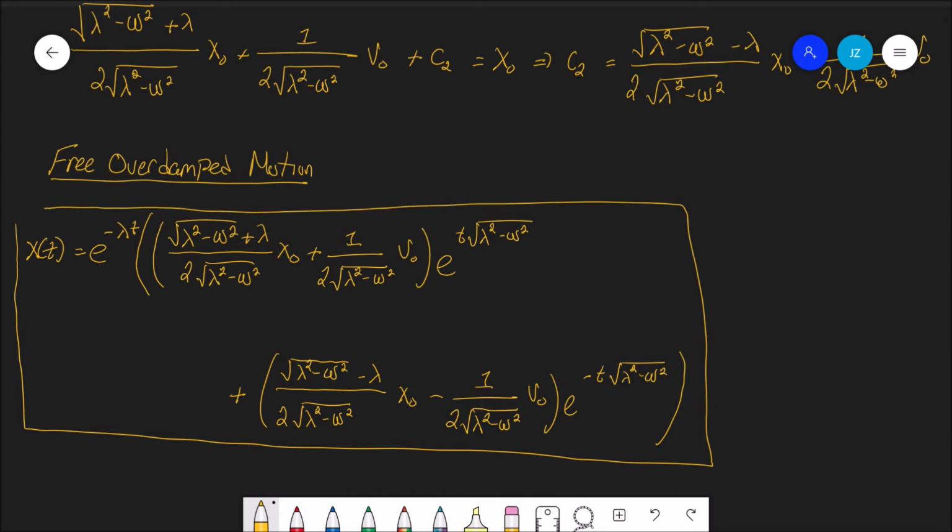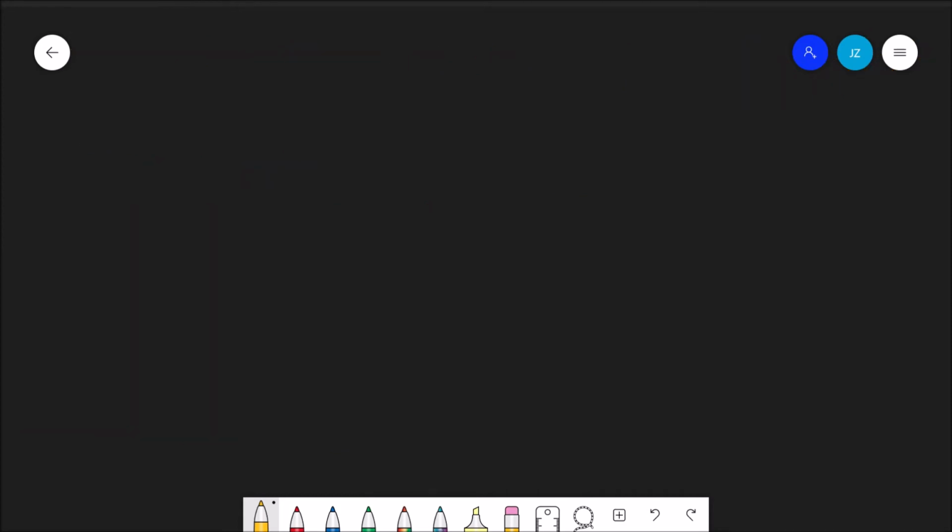And so this is our equation for free overdamped motion. We next consider the case where lambda squared minus omega squared is 0. This case is known as critically damped, because any slight decrease in the damping force would result in oscillatory motion.